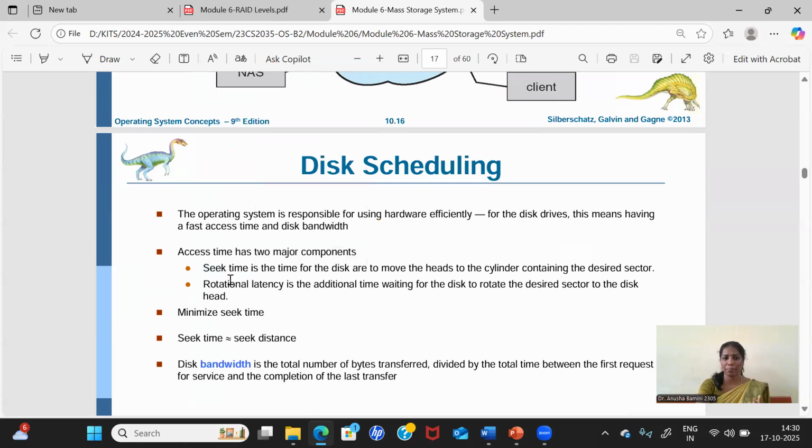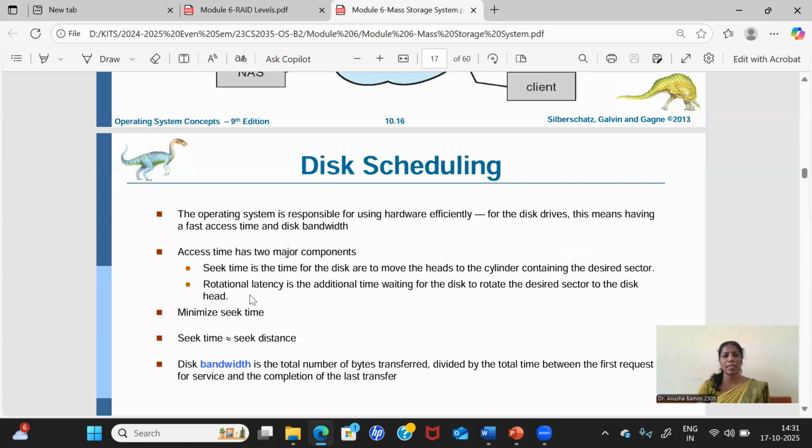Access time means how much time it takes to play a particular song. This access time can be divided into two: seek time and rotational latency.